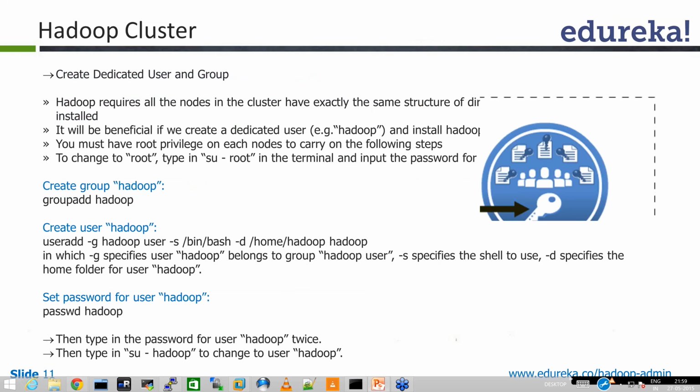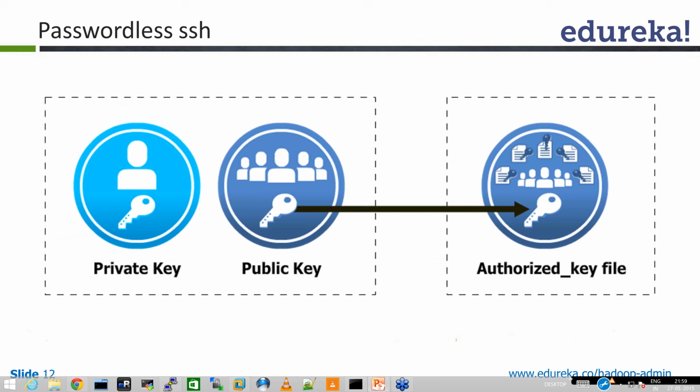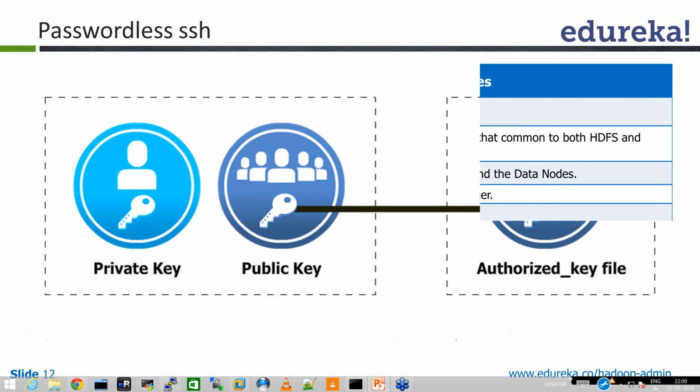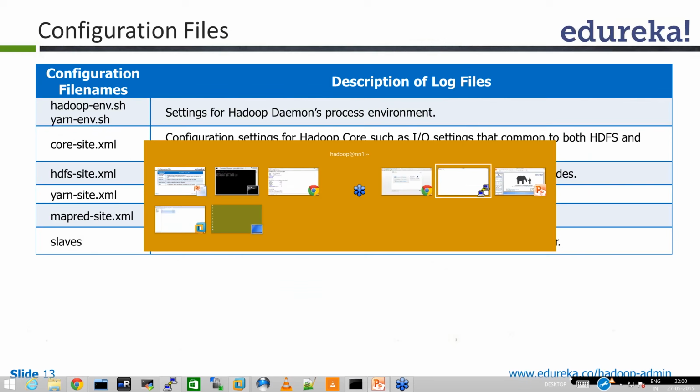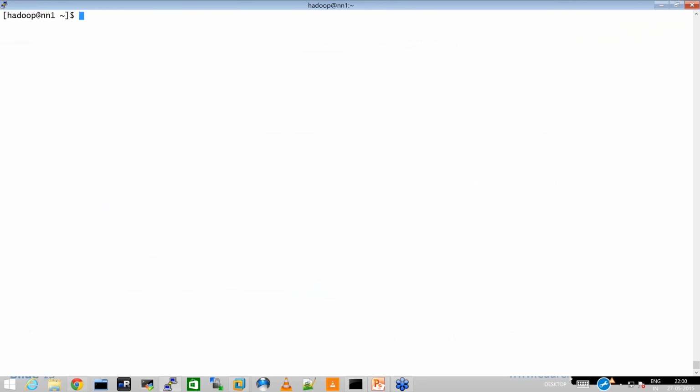Creating a dedicated user and group, then adding the Hadoop binaries, then adding the JDK, using the passwordless SSH mechanism so that my name node and data nodes can connect without any passwords here, and editing these files. Just to give you an example here, guys, right now I am having a fully distributed node cluster of 6 nodes.